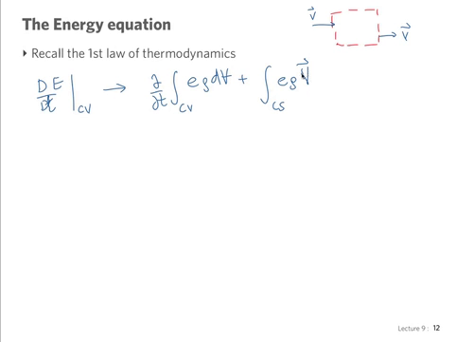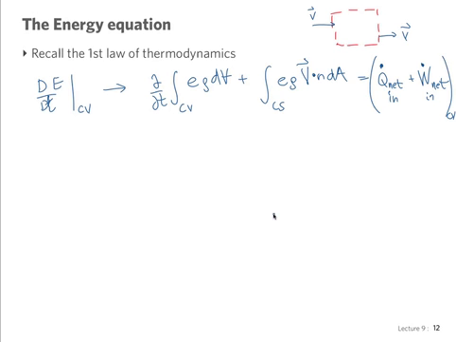And so that term is the flux of energy, V dot n dA. So that's the total change of energy, and this has to be equal to the Q net in and W work net in, the net addition of work in the system, in the control volume to be proper.